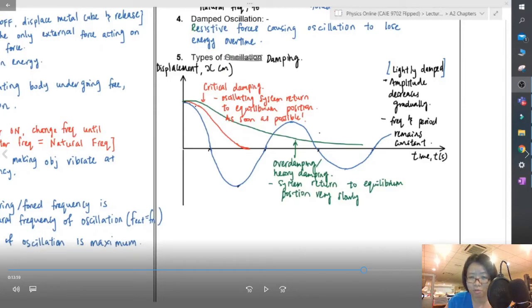So for good spring mattresses, we would prefer heavy damping so that it takes a long time to ease back up into the original shape. Critical damping generally is pretty sudden. We use it for car suspension. Hope that helps. And we're going to look at the next thing now.